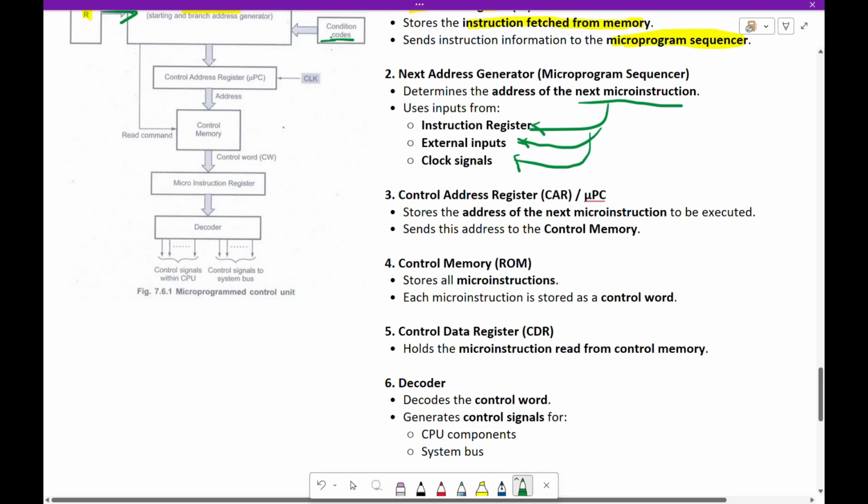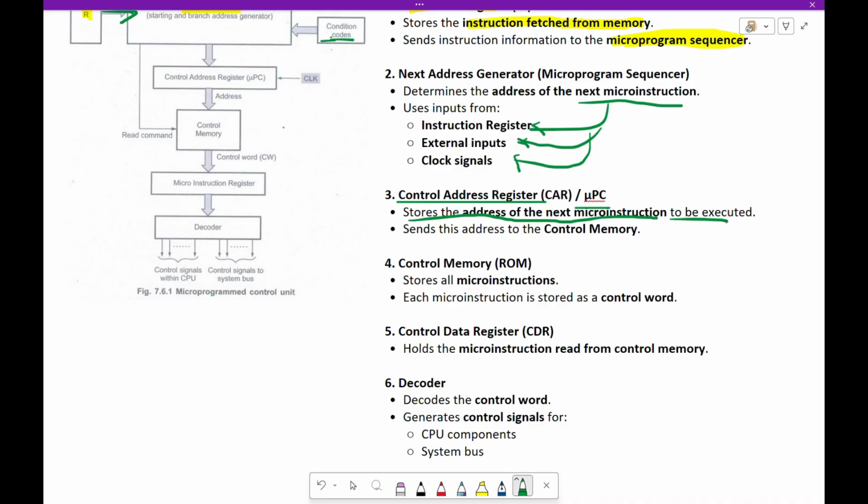The control address register is a microprocessor register that stores the address of the next microinstruction. It acts like a microprocessor controller.